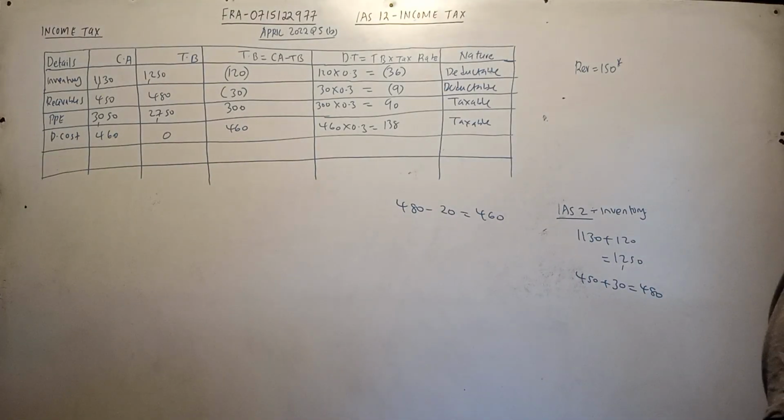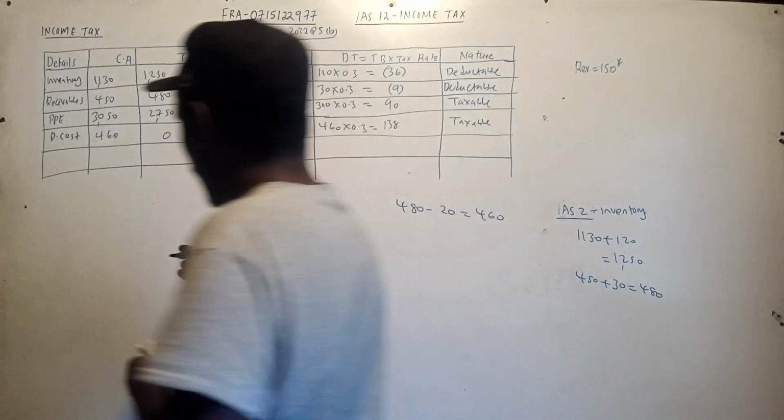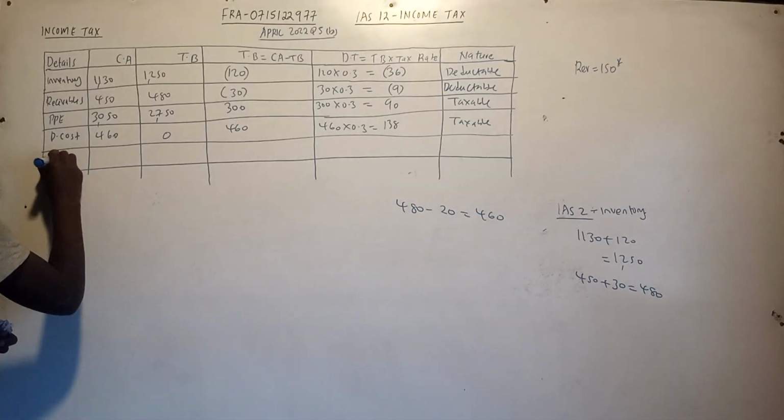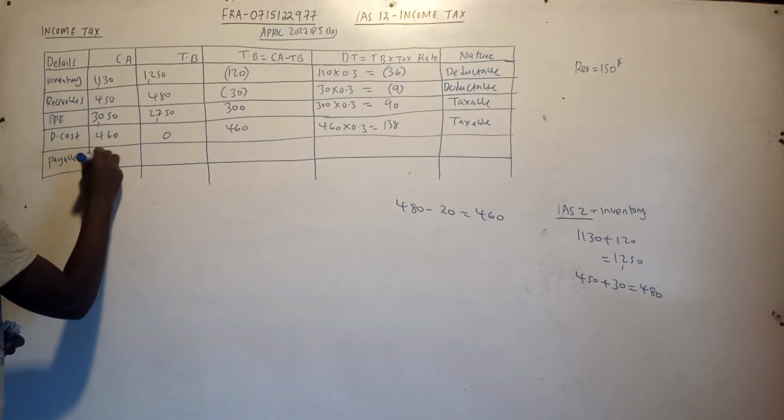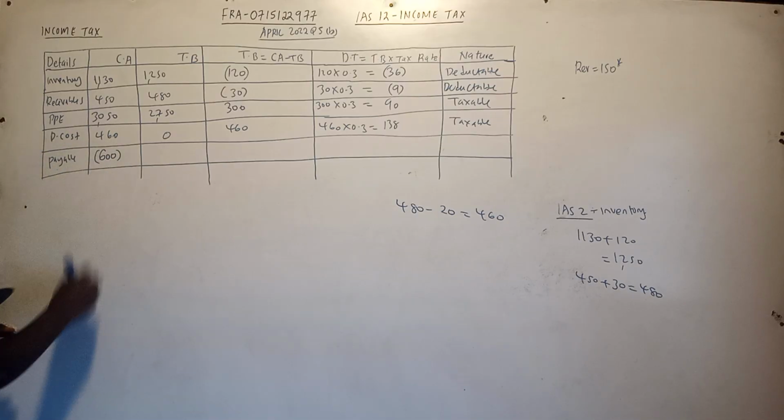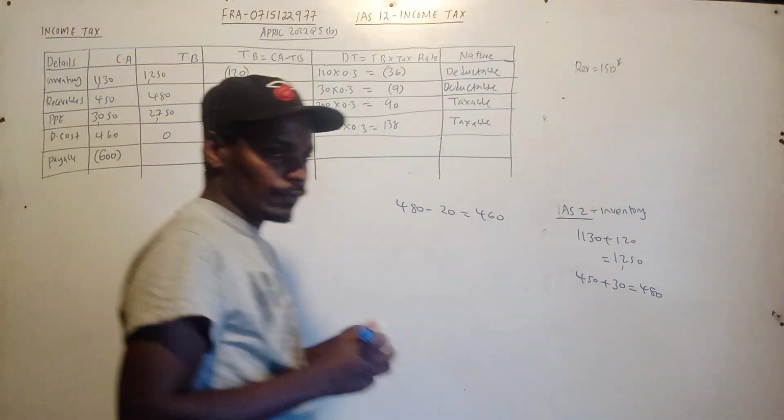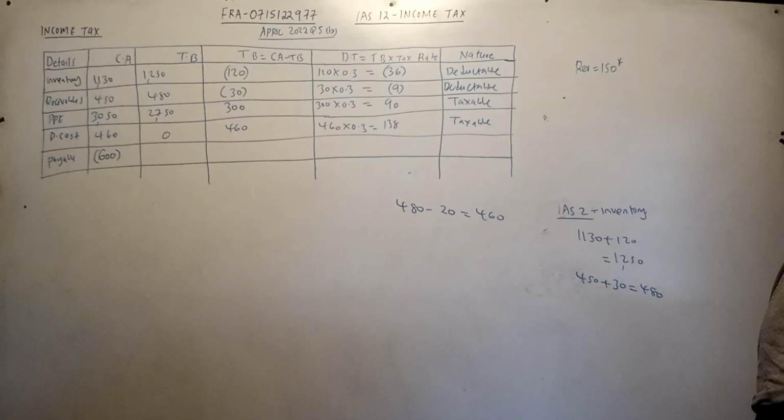Then after that part, we have the payables. Trade and other payables was carried at 600. So 600 obviously is our carrying amount. So payables, it was carried at 600. Let us put a negative because it's a liability, so that we know it's a liability.